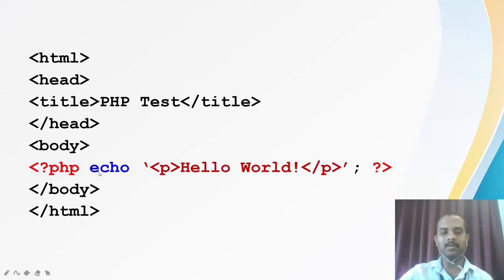What I am doing here is just printing hello world. So echo is similar to print. It is printing hello world, where P represents a paragraph, right? So it will be printed in paragraph format, that is, hello world will be printed in paragraph format.